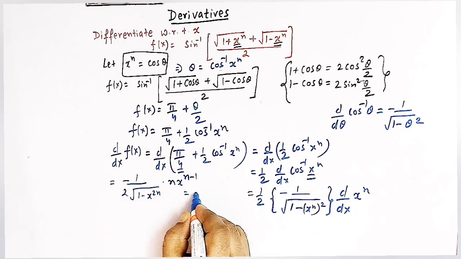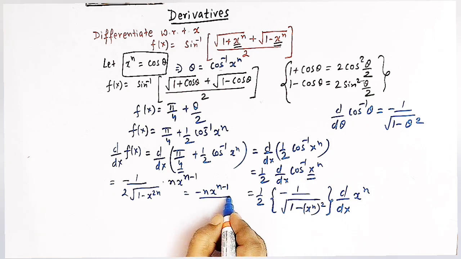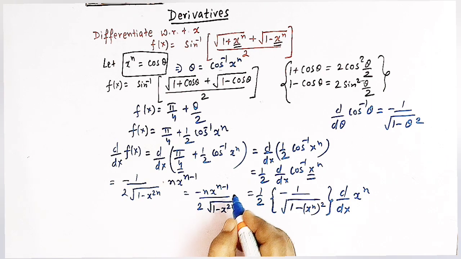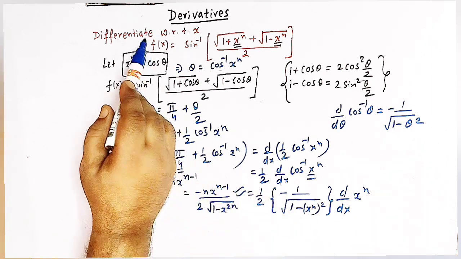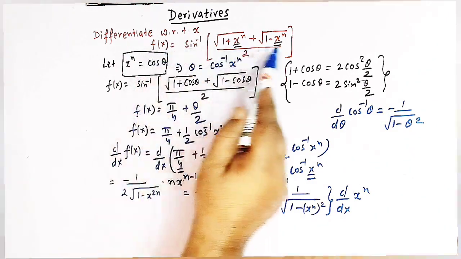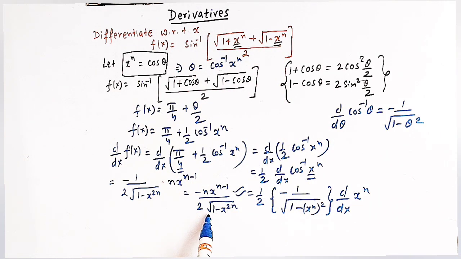So we can write minus n x raised to n minus 1 over 2 times square root of 1 minus x raised to 2n. This is the derivative of f of x, where f of x is equal to this function, and the derivative is given by this expression.